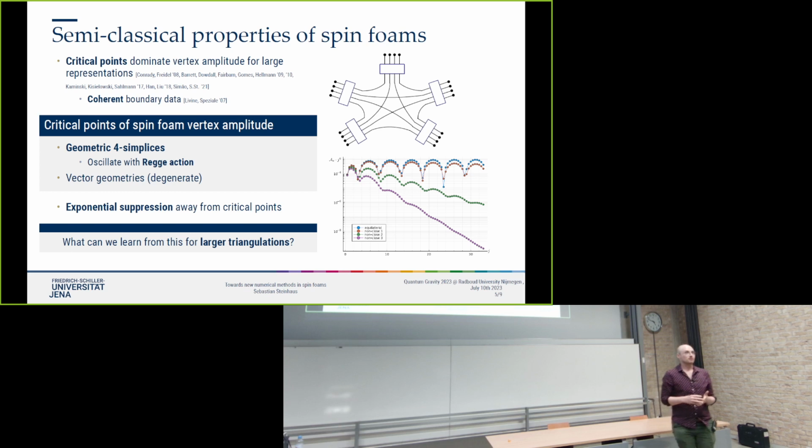If you go away from these critical points, you have an exponential suppression, which I tried to show here for SU(2) BF in an explicit calculation. So this is the absolute value of the spinform amplitude for an equilateral Euclidean four-simplex, and at the top you have the oscillations of the critical point, and then if you go away from that, you get stronger and stronger exponential suppression.